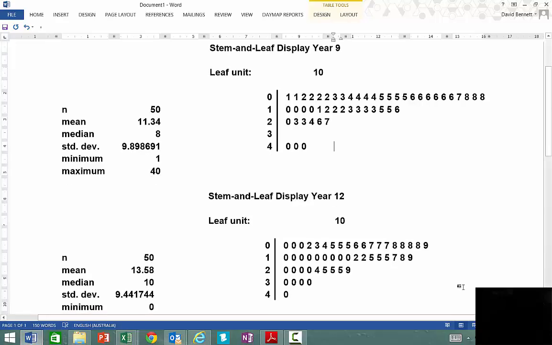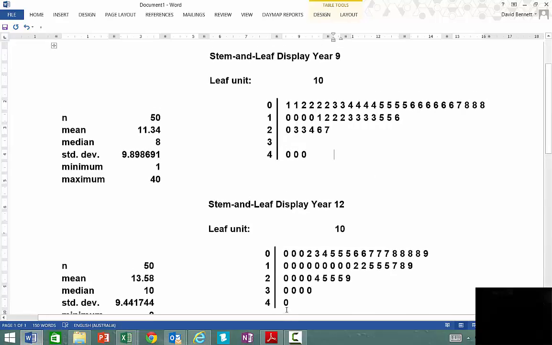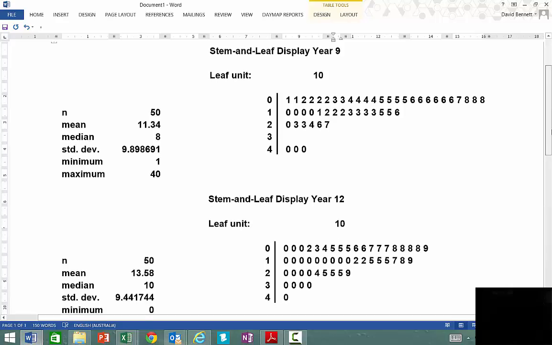If you can see the data itself, both of these are positively skewed. The data is a little bit light on the top end. This is what we call positively skewed, and so we can talk about comparisons of things that are similar and things that are different.